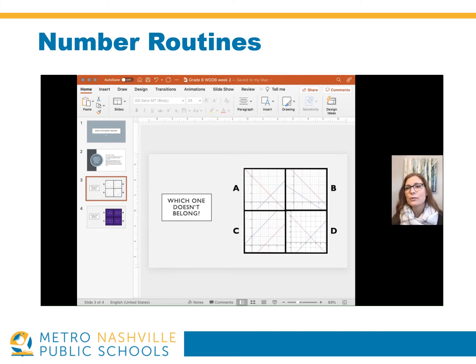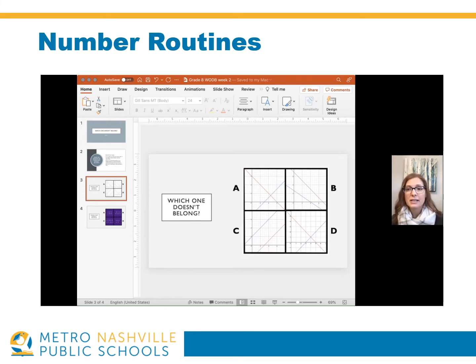This routine is a great way to support a student to use mathematical vocabulary. You can do that by rephrasing their reasons using precise language, or you can work together to revise the reasons to incorporate academic vocabulary. For instance, go back to the first example I gave, that the scale of D was counting by ones. A student might not use the word scale.